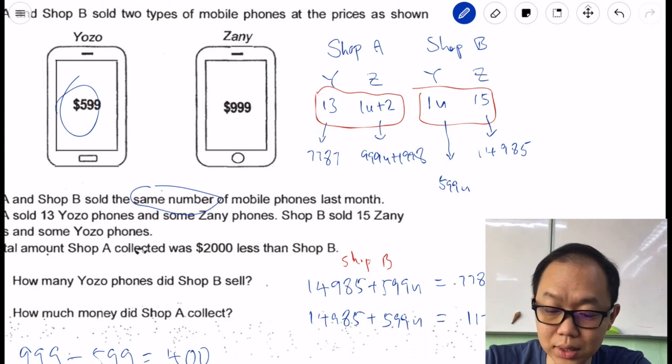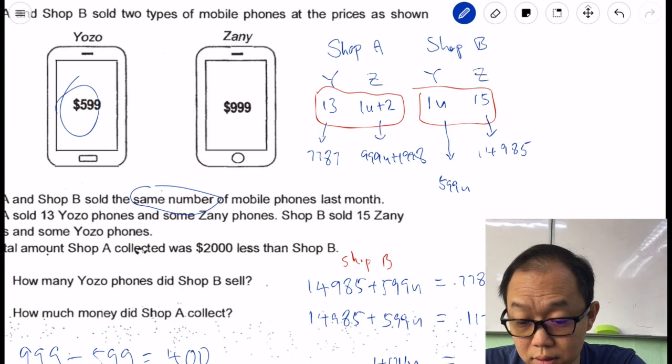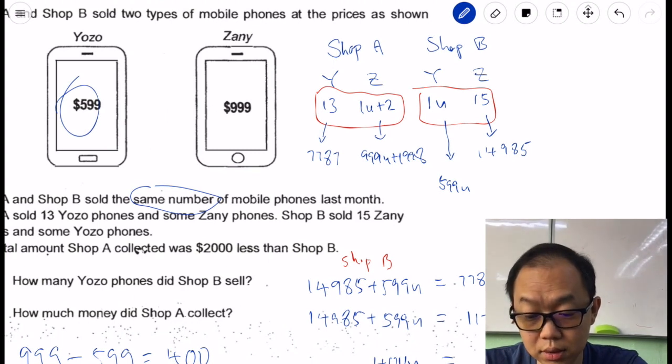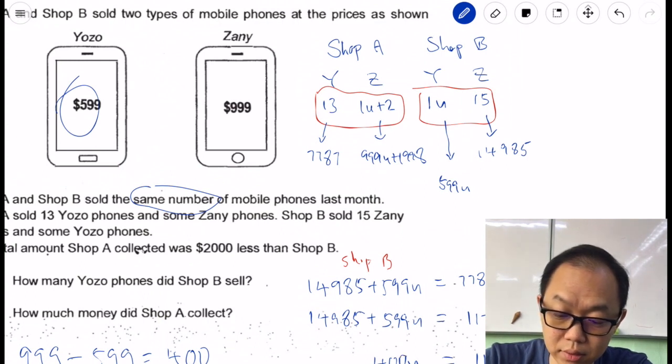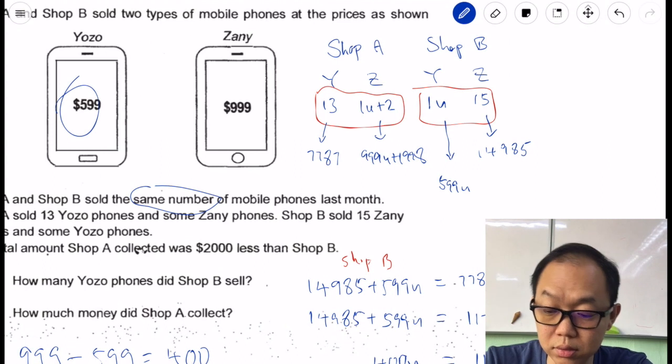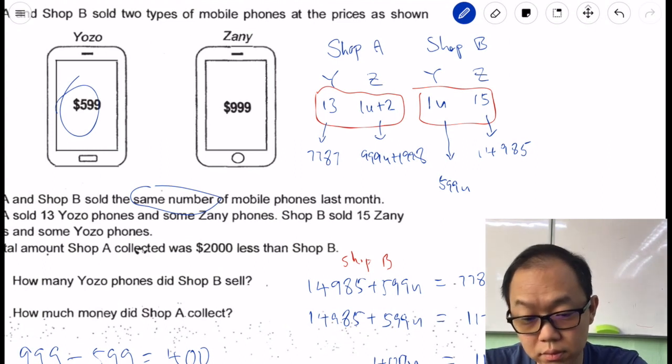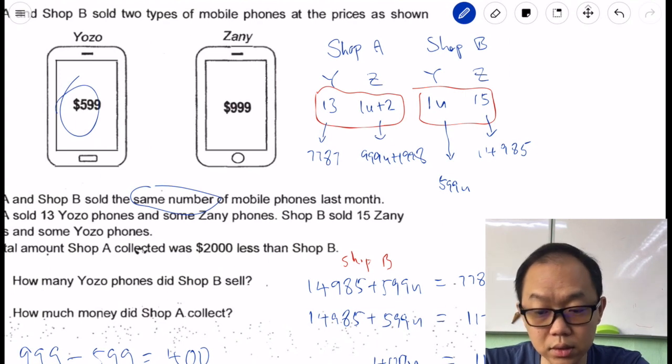So I compare the units: 400U equals 11785 minus 14985. So 400U equals what?